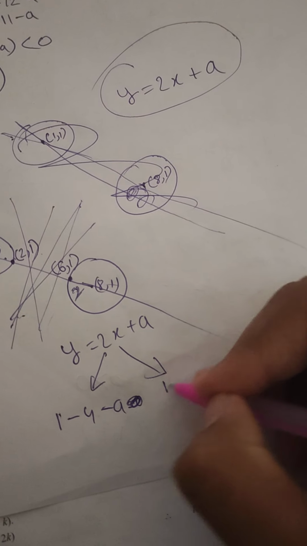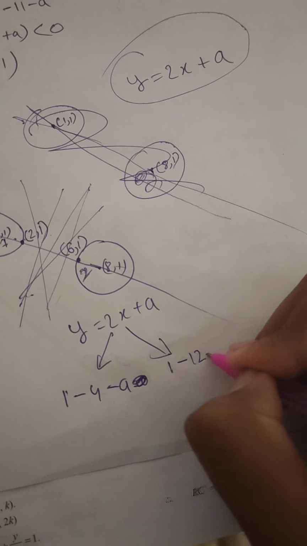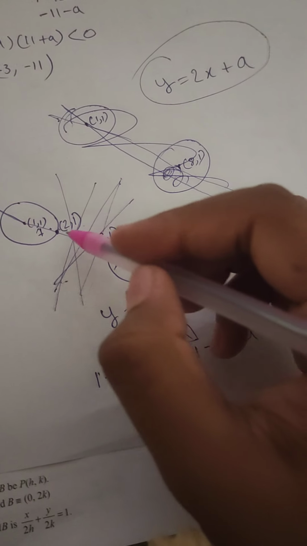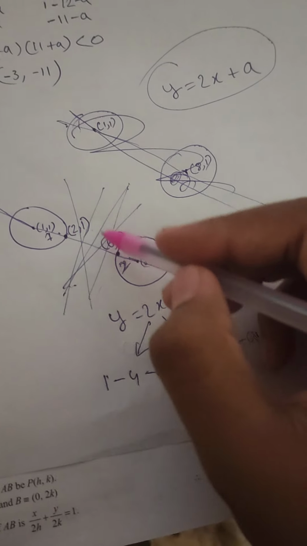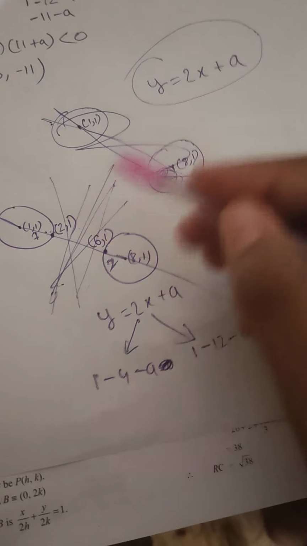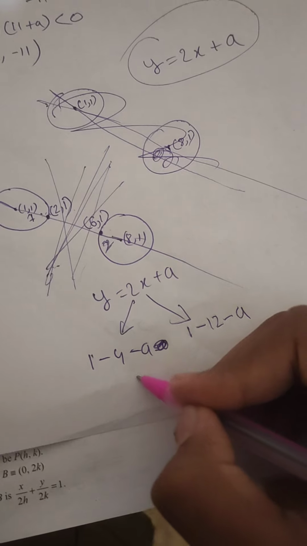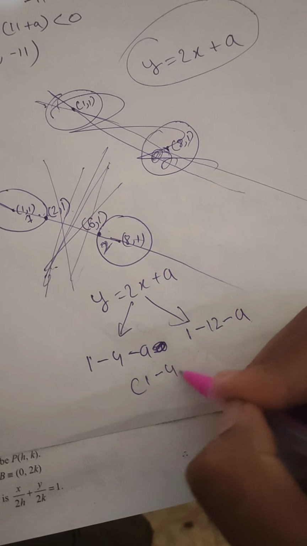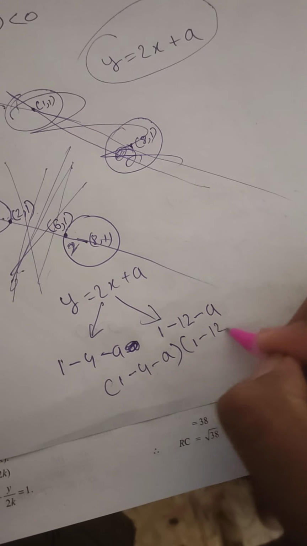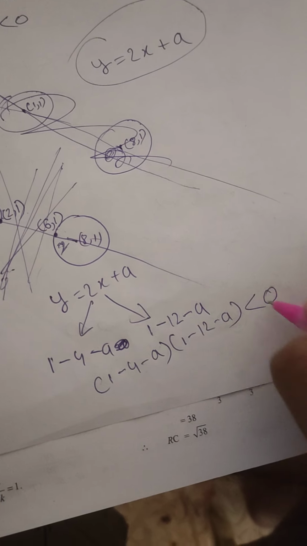So here also it would become 1 minus 12 minus a, and we know that if the points are on the opposite sides of the line, these 2 points should be opposite of this line. So I multiplied both expressions and made it less than 0.